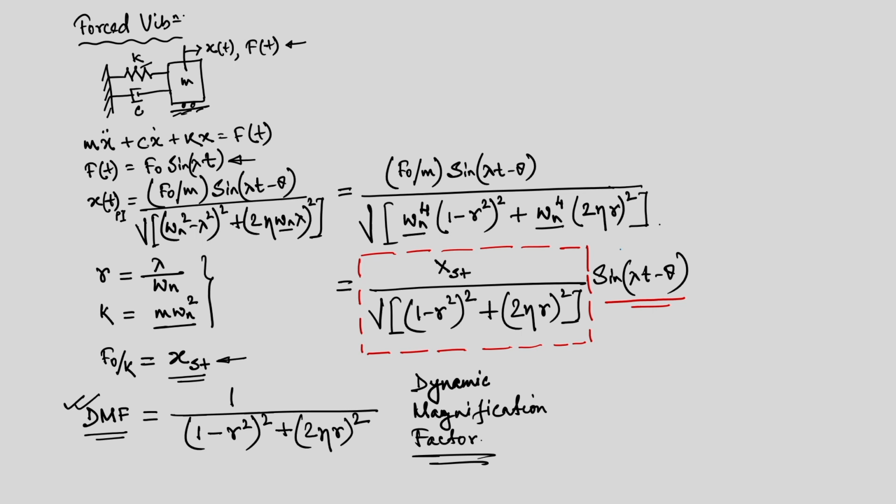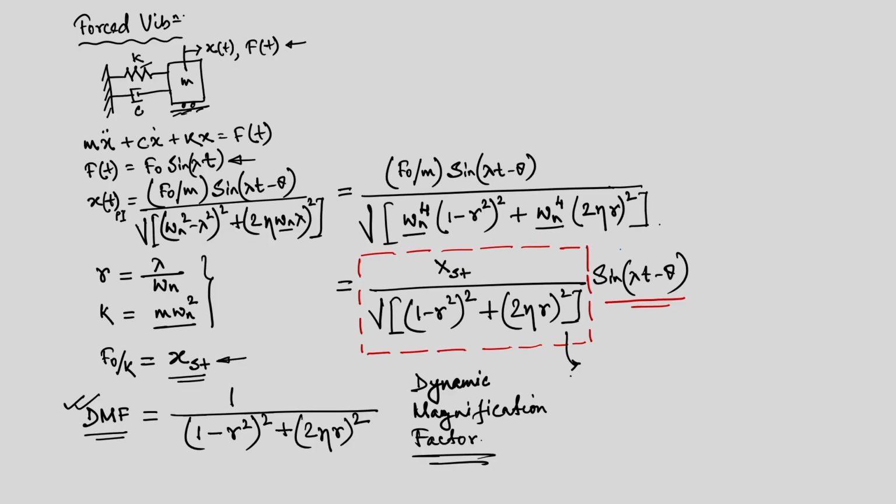But what we can conclude from this expression is that the amplitude of the dynamic response is actually static response multiplied by the dynamic magnification factor. Now, this dynamic magnification factor, even if you look at, it is a non-dimensional number. We will plot this expression in a minute.